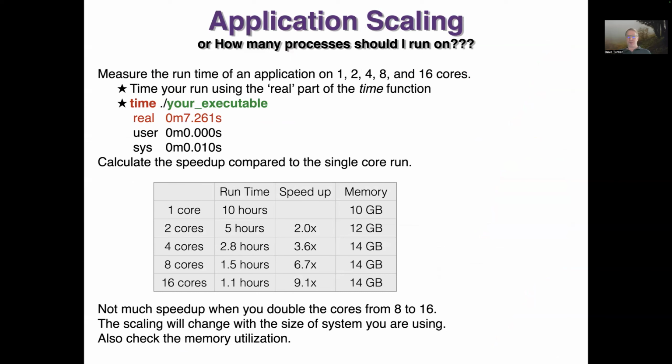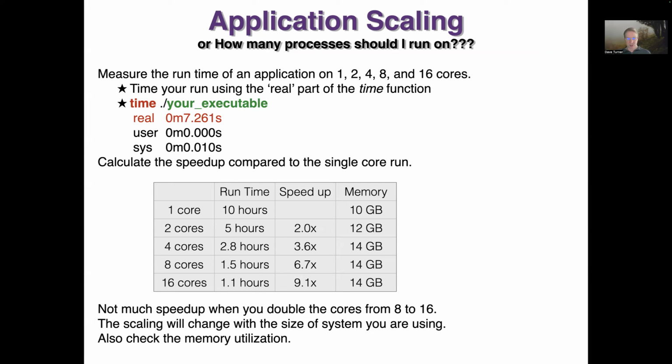So if you are going to run on multiple compute nodes or multiple cores on a node, the first thing you want to do is do a scaling study. This is showing a scaling study of running the same test job on 1 core, 2 cores, 4 cores, 8 cores, and 16 cores. I tabulated the run times there, and then I calculate by hand the speedups.